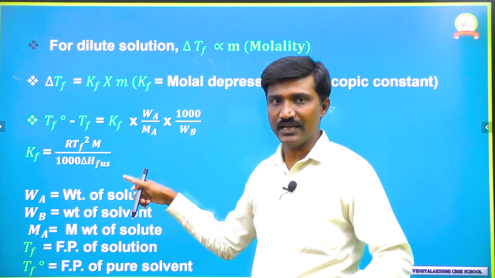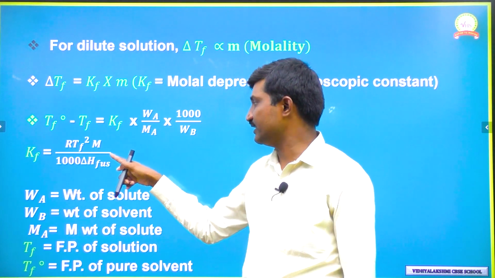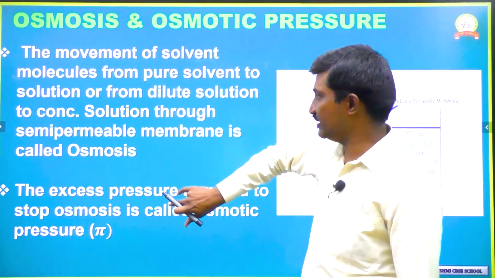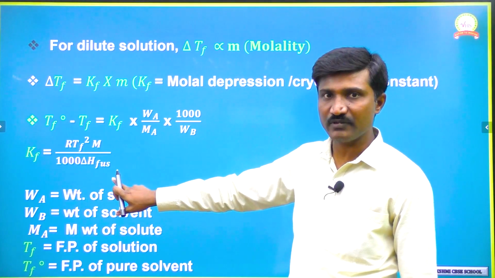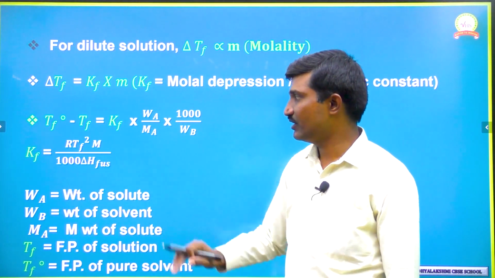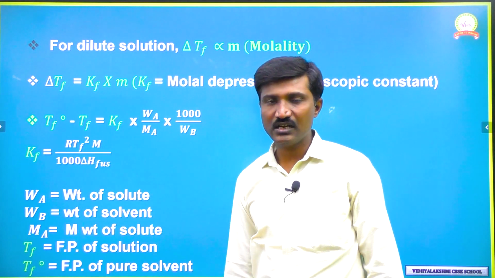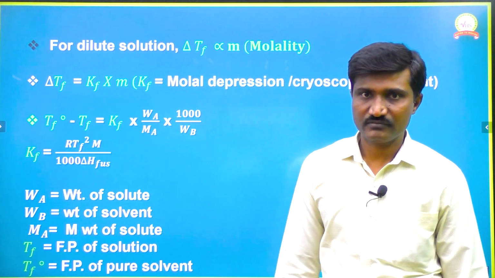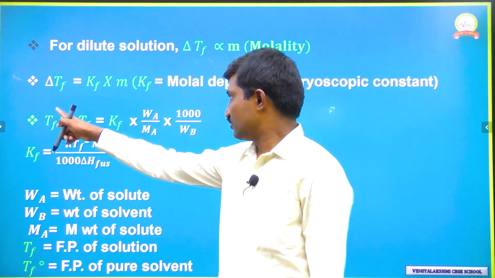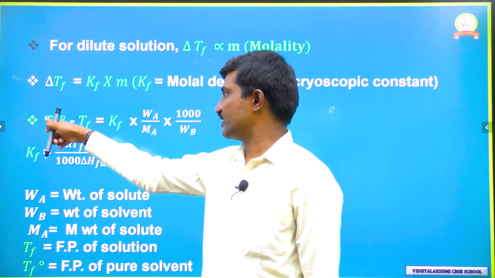And how do we measure that value? Like that of Kb. The only difference is delta H. There we discussed delta H vaporization, but here it is the fusion process, that's why delta H fusion. And the temperature there is the boiling point, but here it is the freezing point. So delta T, that is T naught minus Tf, is nothing but delta Tf.